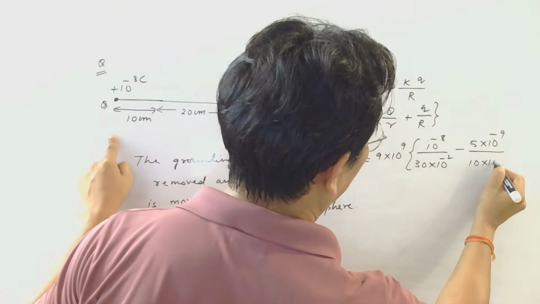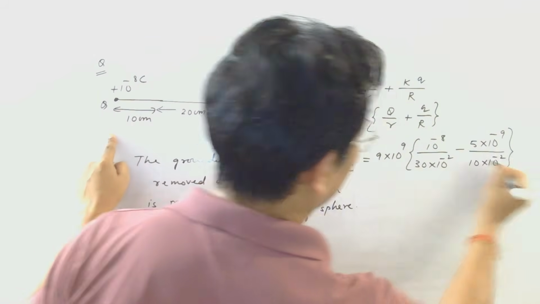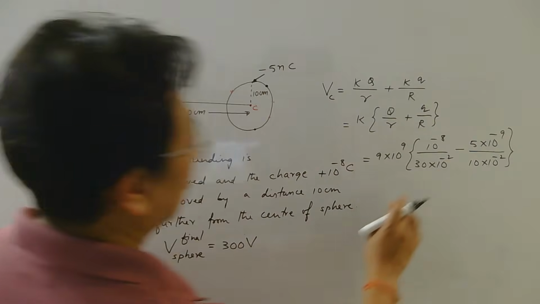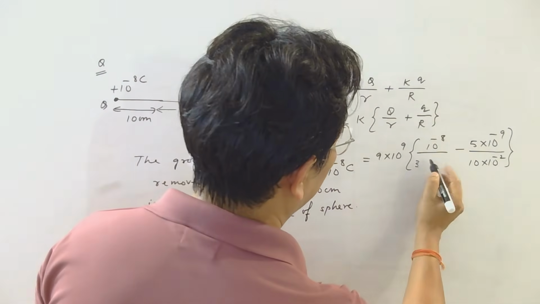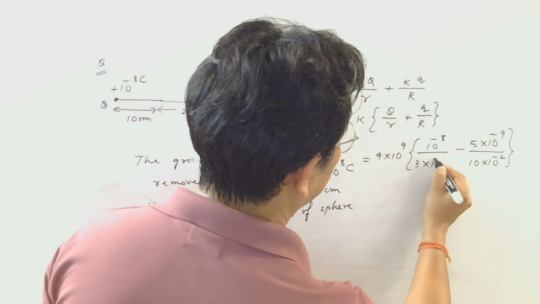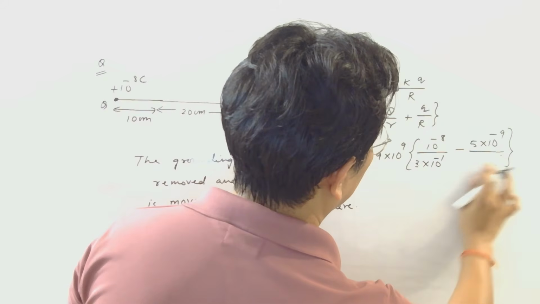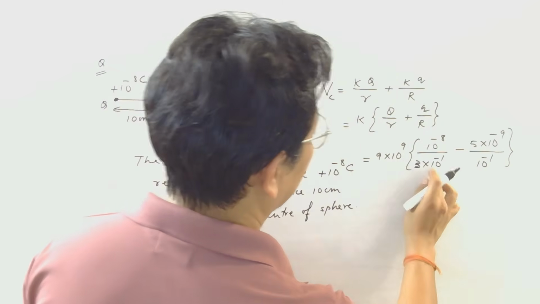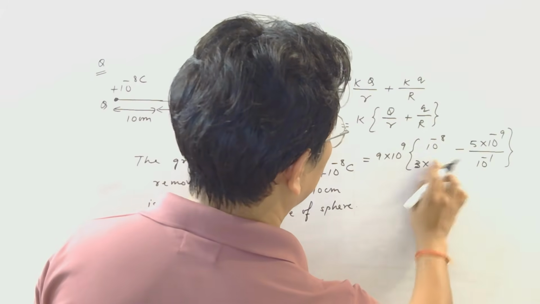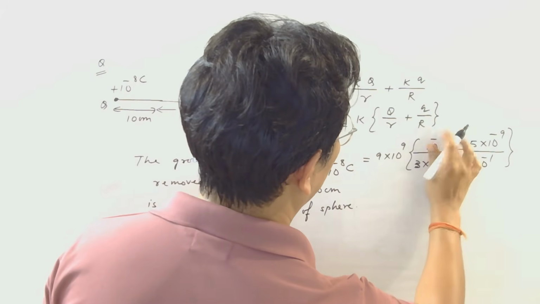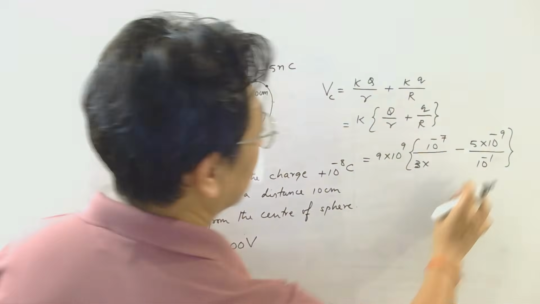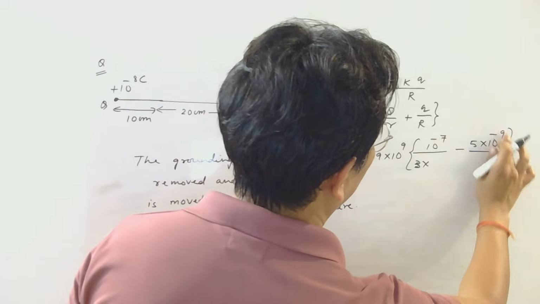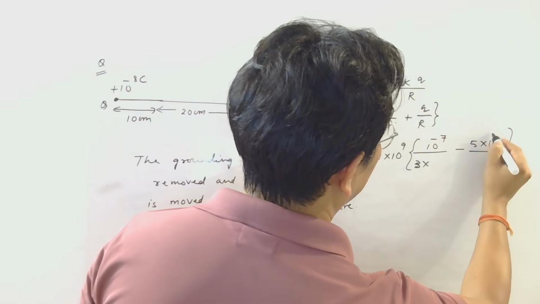So 10 into 10 power minus 2. Isn't it? So now this can be written 3 into 10 power minus 1. This can be written 10 power minus 1, right? Then this minus 1 will go up, plus 1. So this will become 10 power minus 7. This minus 1 will go up, it will become 10 power minus 8.